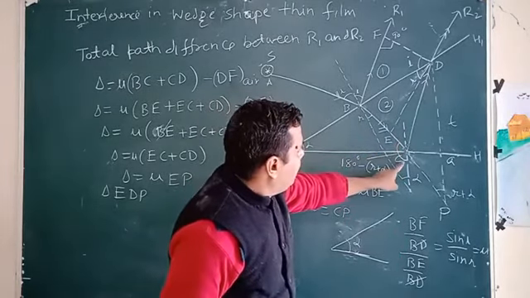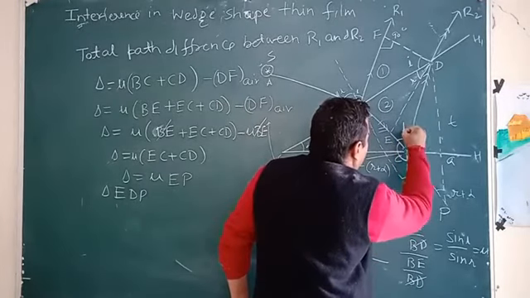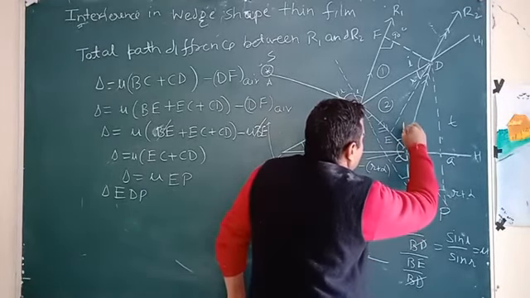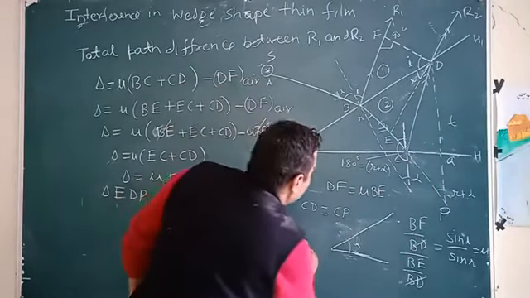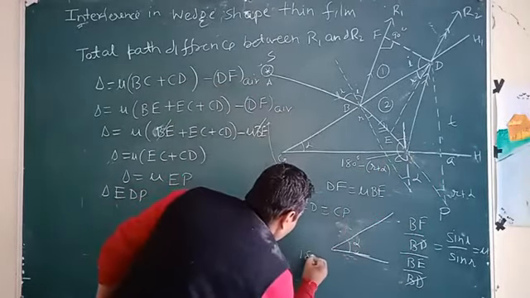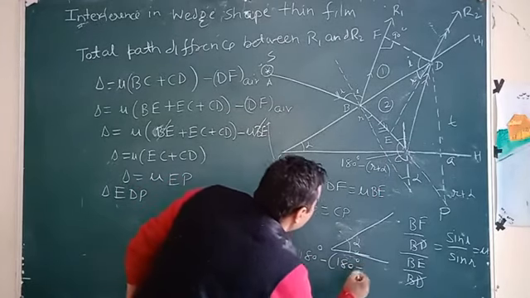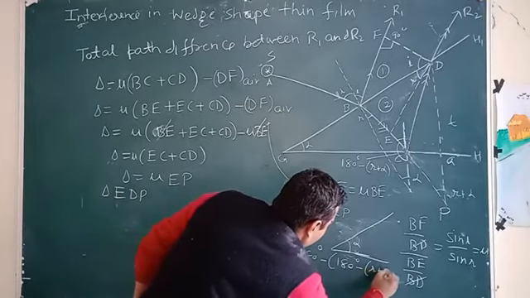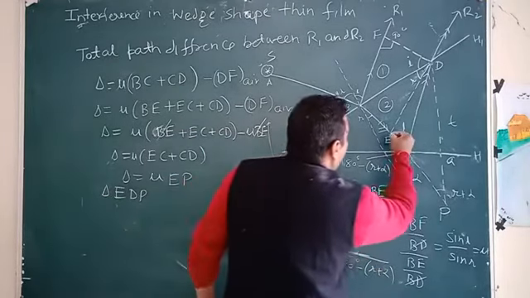This other angle is 180 degrees minus that, so it will basically be r plus alpha.